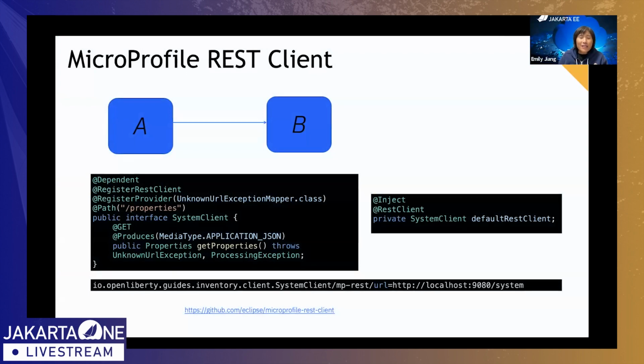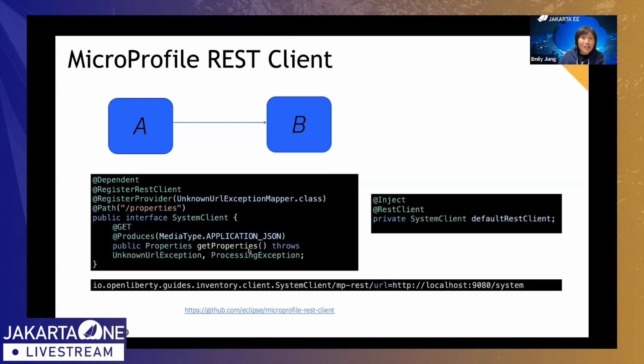MicroProfile REST client provides a mechanism. If microservice A wants to call microservice B, all you need to do is create an interface map for microservice B and annotate it with register REST client. Then you can directly inject that REST client into your REST resources, and then start calling default REST client dot get properties.